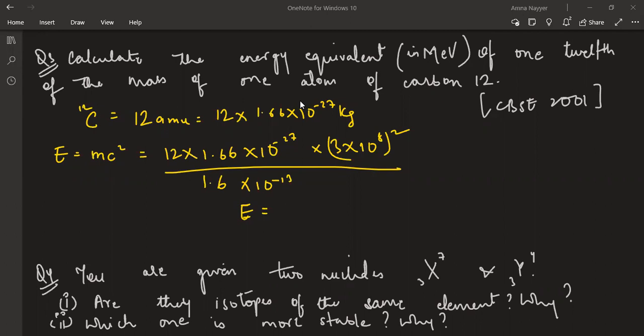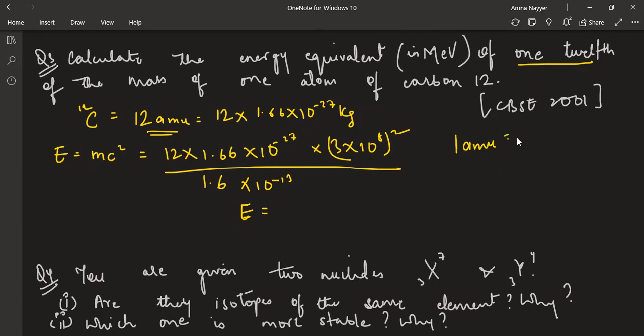When it is written 1/12, that means we are referring to one carbon atomic mass unit, which you're saying. It is saying 1/12 of mass of one atom of carbon 12. When the entire statement is written, complete 1/12 of mass of one atom of carbon. So in one atom, we have to consider all that it is included, means 12 atomic unit. See, 1 AMU, you're saying this, no?